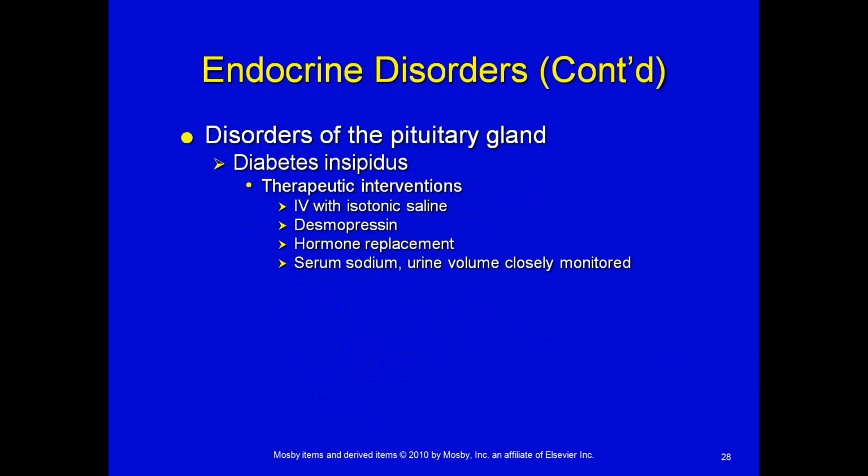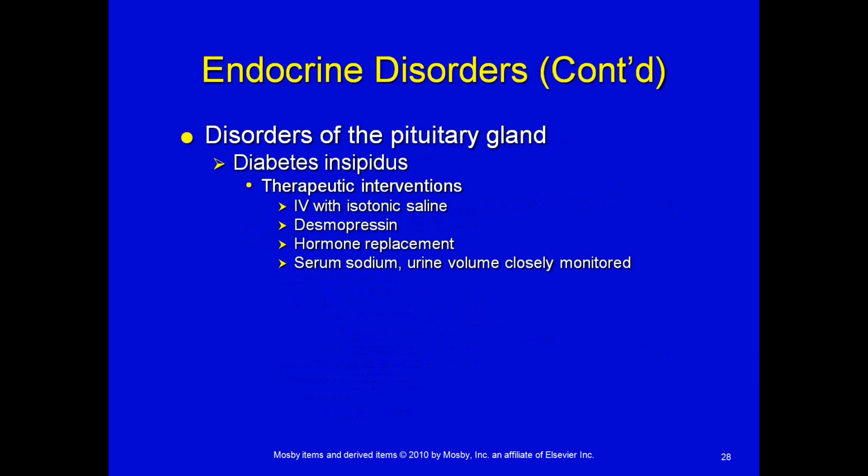The therapeutic interventions for the treatment of diabetes insipidus include, of course, replacing the fluid that's been lost with saline, and then often requires desmopressin, which is very similar to vasopressin. Vasopressin is your antidiuretic hormone.